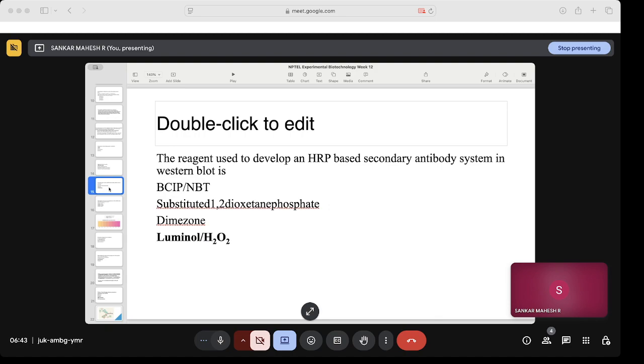Horseradish peroxidase. What is that? It's an enzyme linked to the antibody.